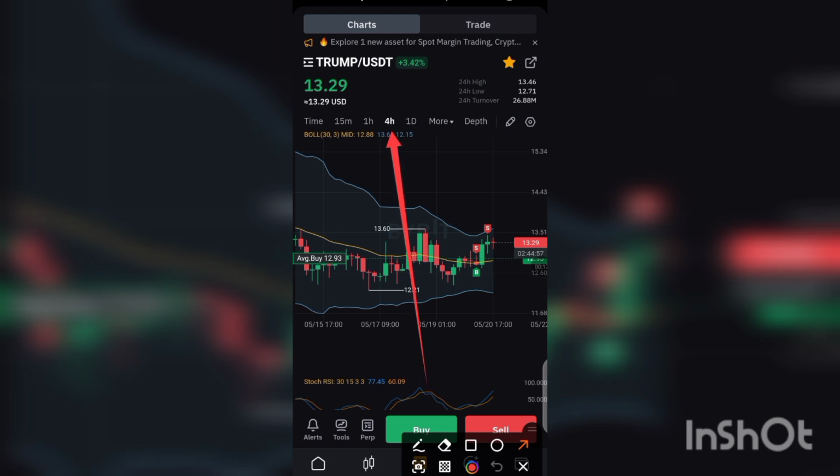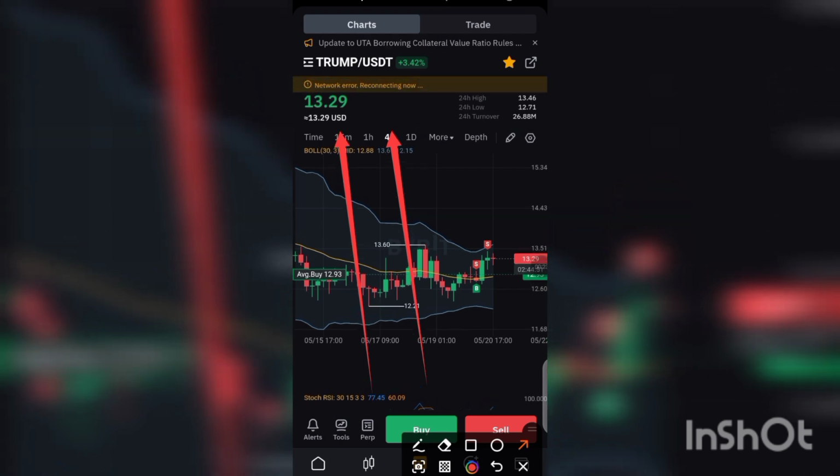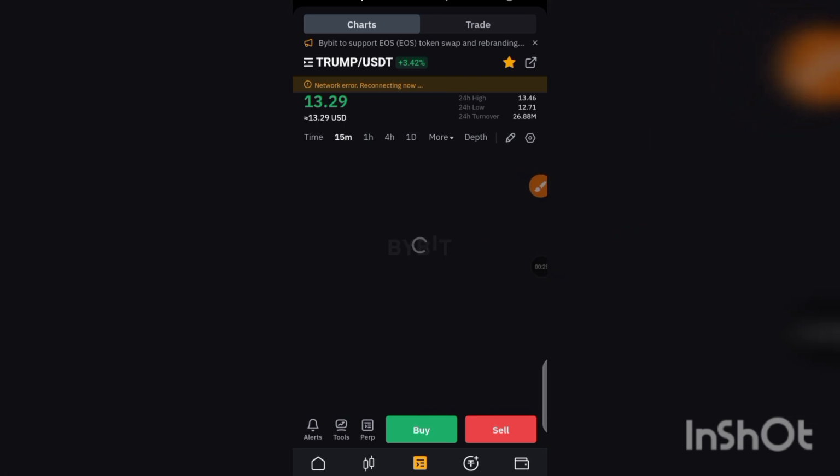From this 4-hour time frame, come down to 15 minutes. That is a must that you do before you enter the market, before you buy the coin. If you now spread out here, that was when I got my entry point. The reason why you need to spread out is to see the right time for the entry for you to buy the coin.